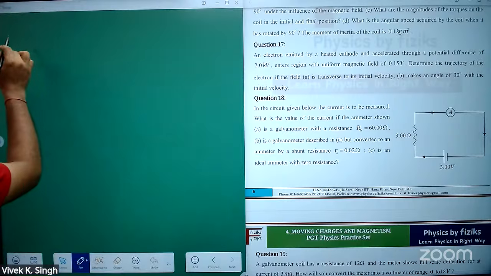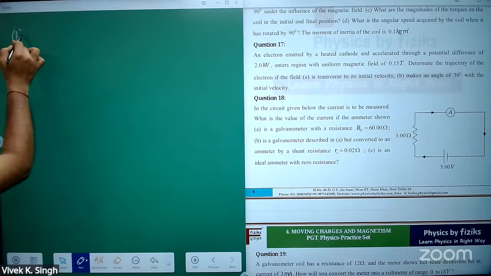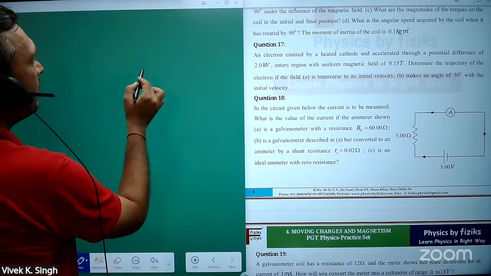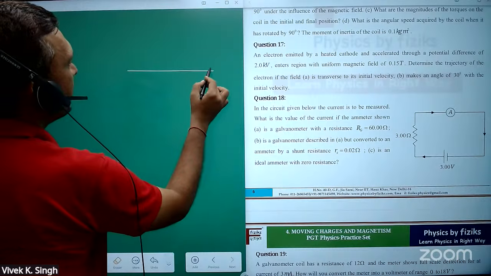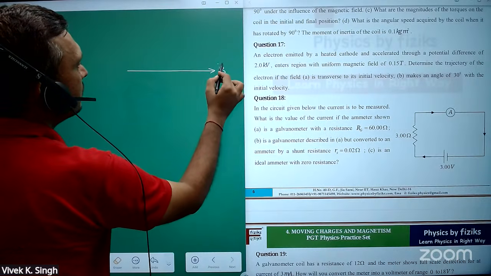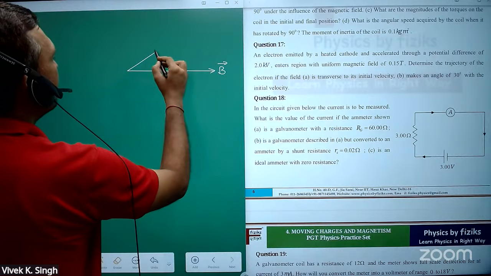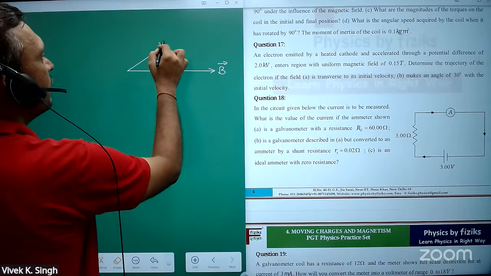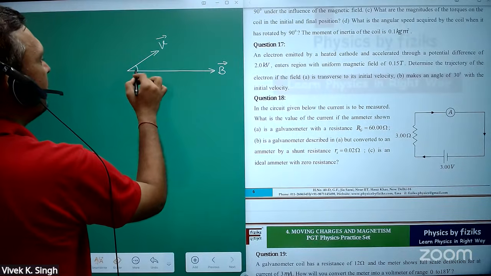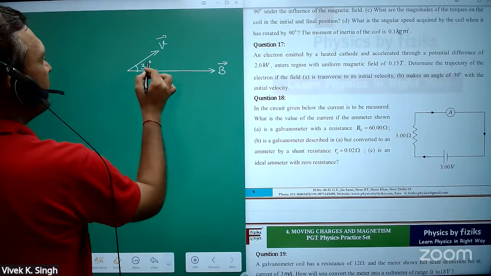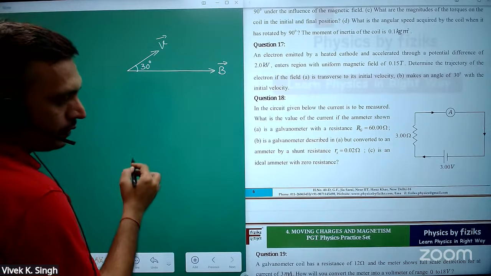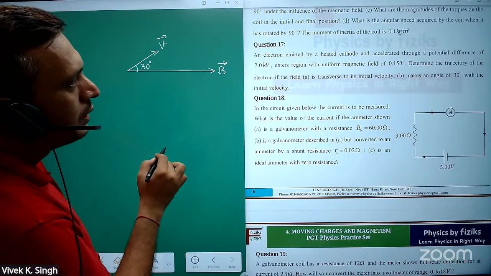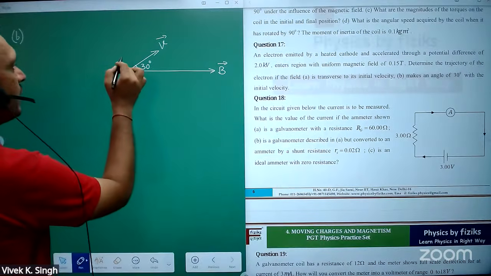So in the B part, this is the direction of magnetic field B, and it enters with velocity V, making an angle of 30°. So what will happen?